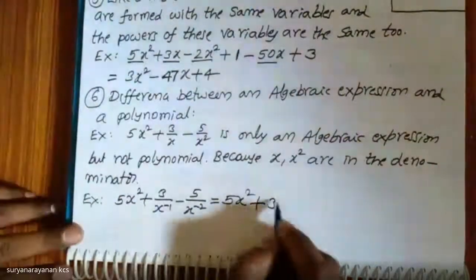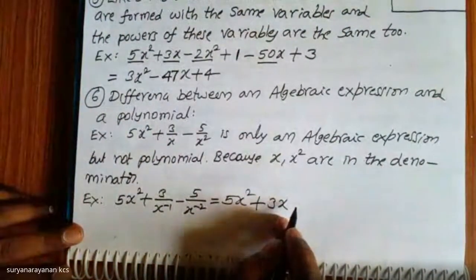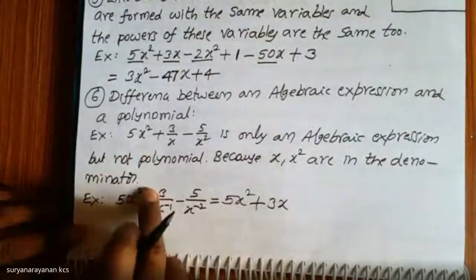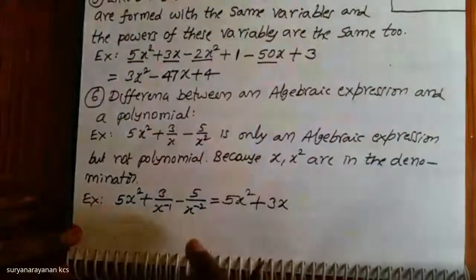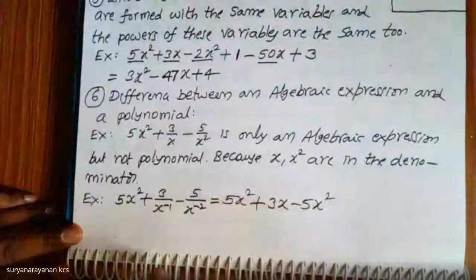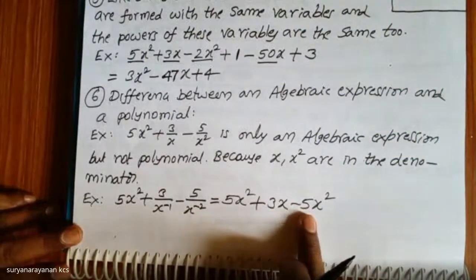Ah, sir, very good, x power 1. So finally we get 3x. Yes or no? By simplifying this second term, we get 3x. Then minus 5x square. Very good. We simplified these terms and wrote the mathematical sentence.